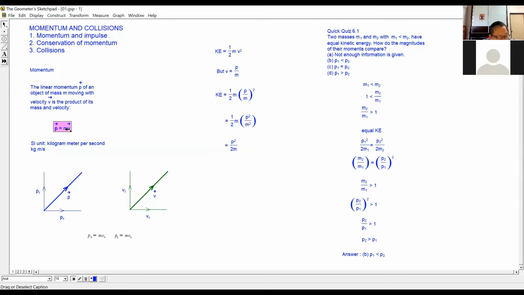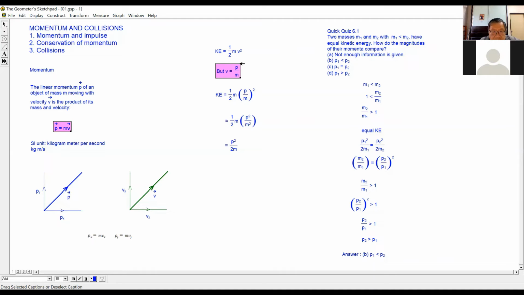So you see p equals mv. You bring the m over to the other side. So we have here v is p over m. This is from the definition of momentum. Now we found out that v is actually the momentum divided by the mass.